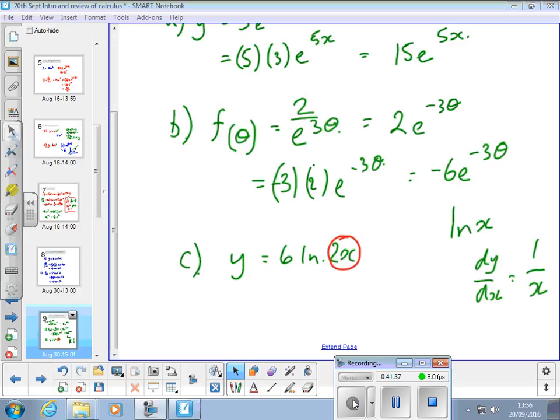That entry in that table is saying that the log of a constant times x is equal to 1 over x. So that constant disappears. So the answer is correct. 6 over x. Okay?